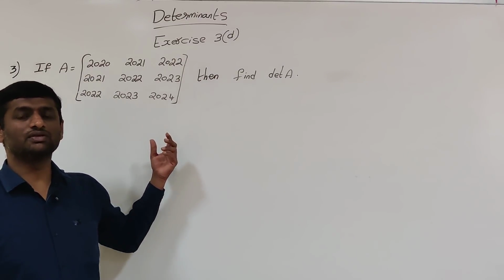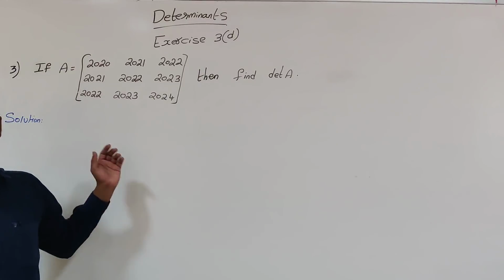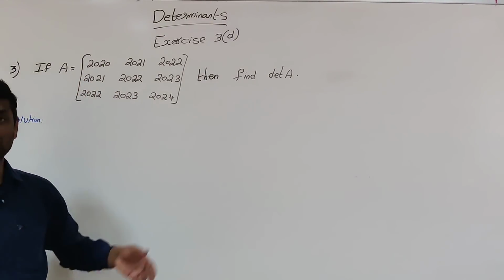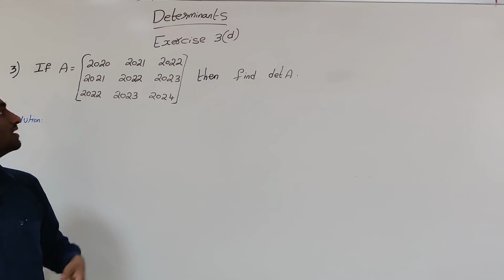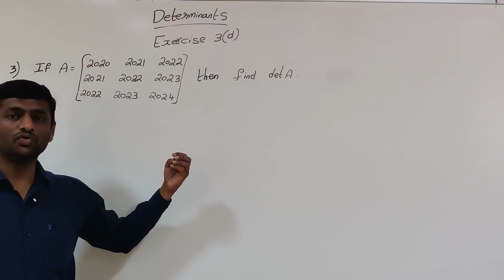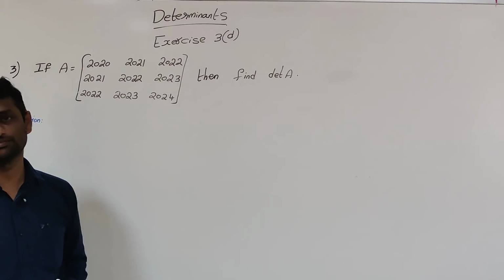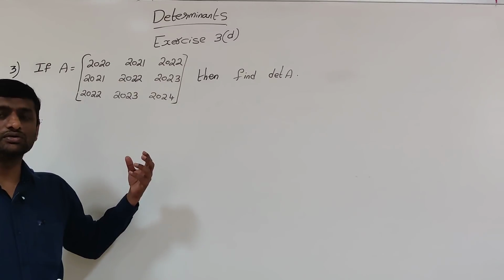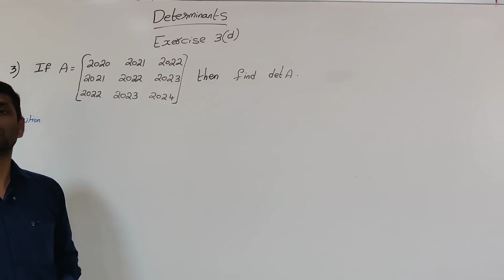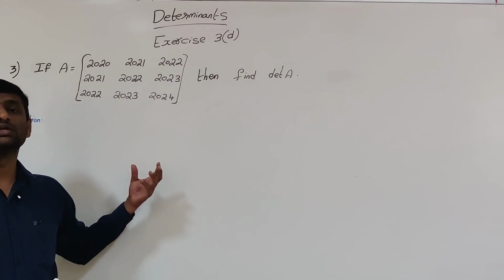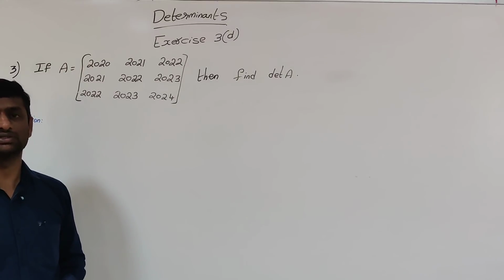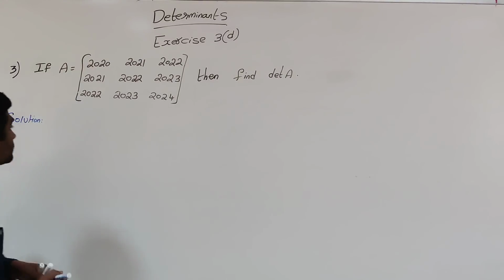If you expand by using the first row, like 2020 into the cofactor of 2020 plus 2021 into the cofactor of 2021, like that, it will be lengthy and time-consuming. So in order to simplify, we may use row operation notations, so that finding the determinant will be easiest and simplest. Let's see how it will be.